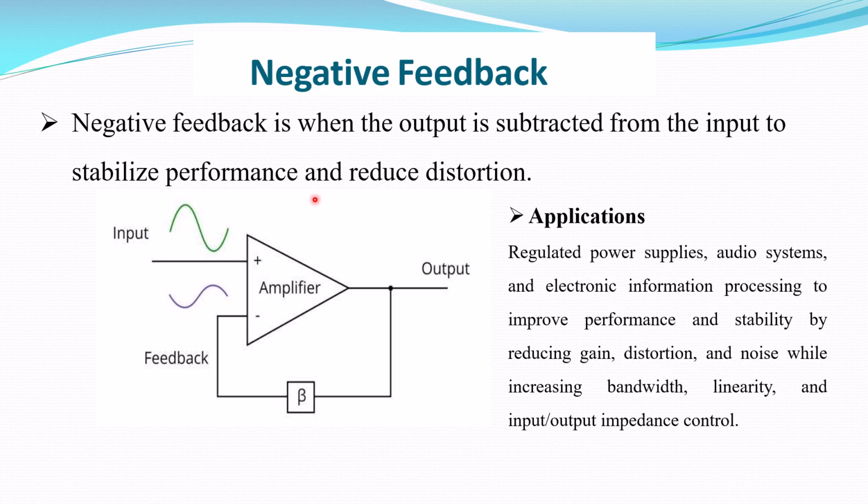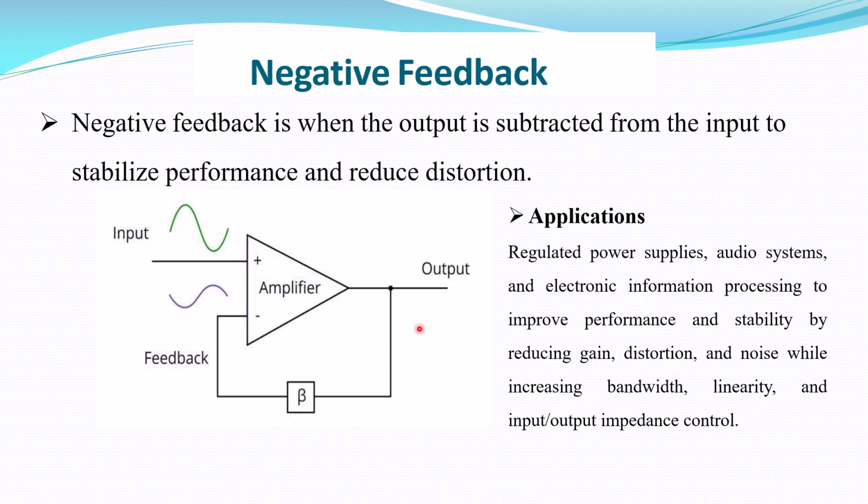This is the main function of the negative feedback amplifier. Of these two types, we are using only the negative feedback amplifier in feedback amplifiers. The negative feedback amplifier reduces the distortion and noise, and it can improve the stability factor of the amplifier circuit.